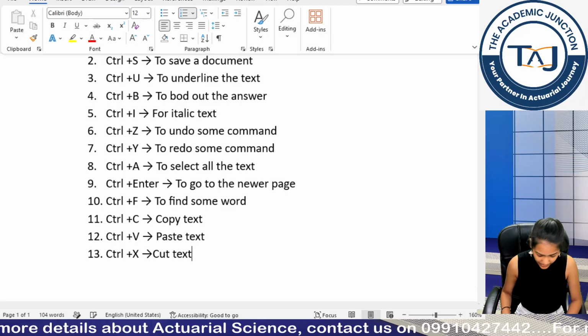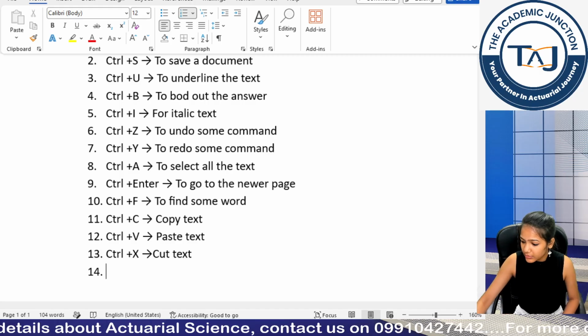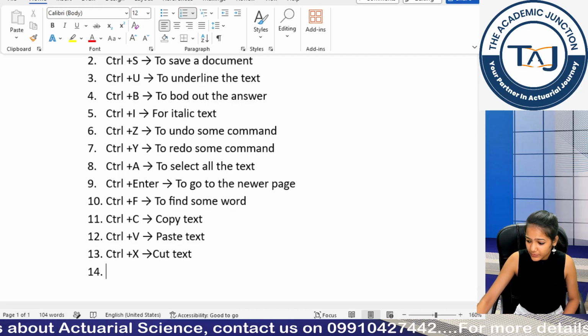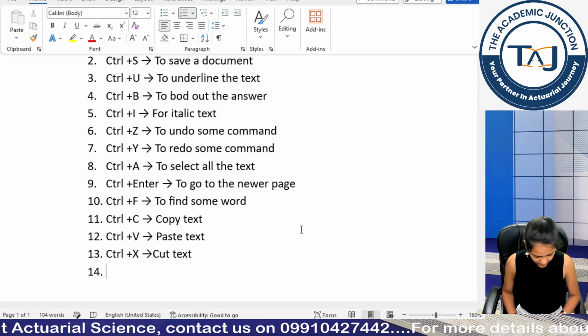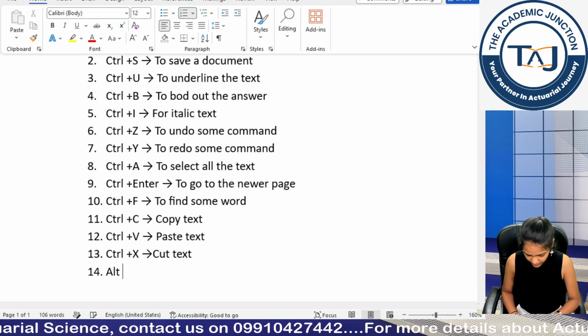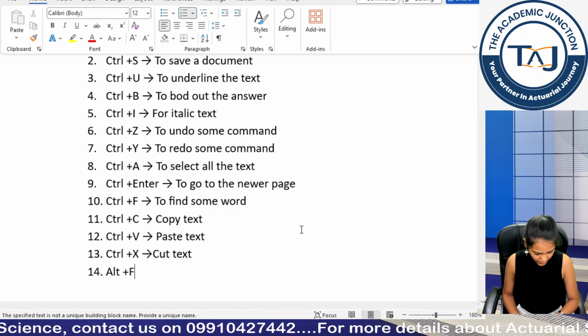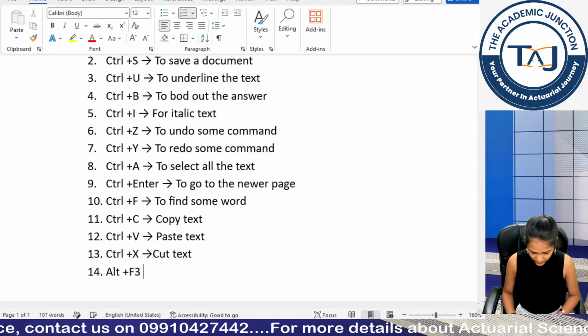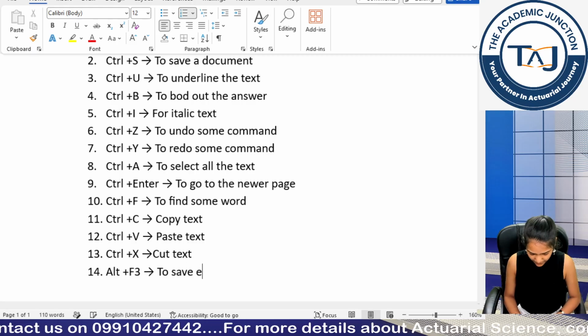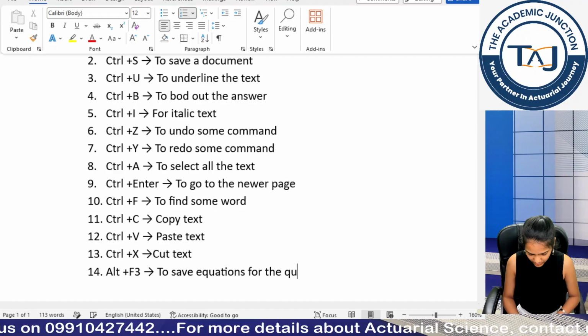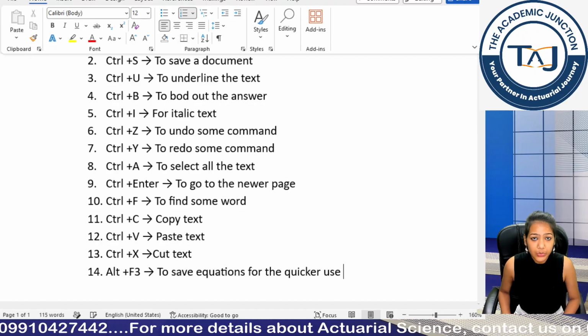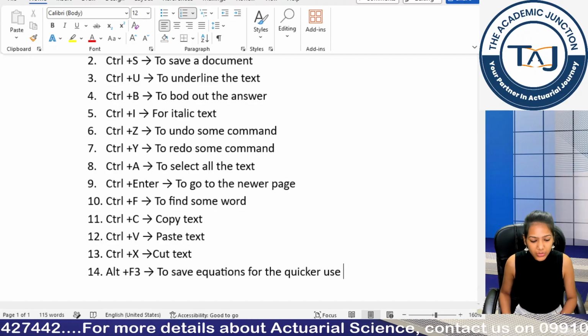Please note the shortcut: Alt plus F3, to save equations for quicker use. I'll teach how to use them.